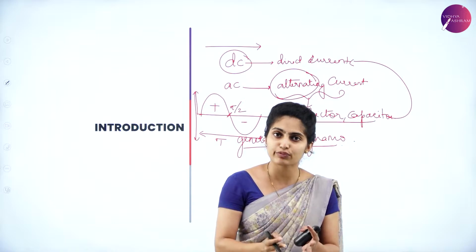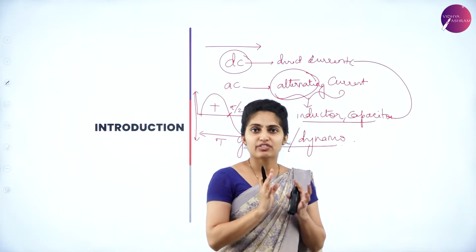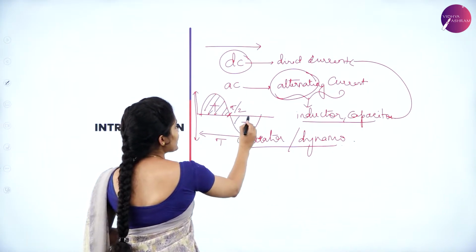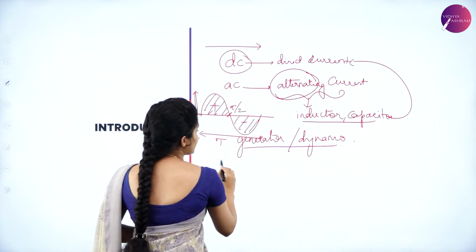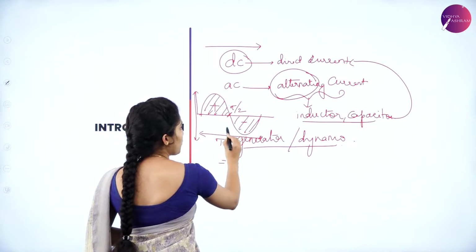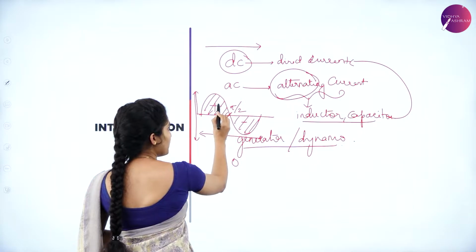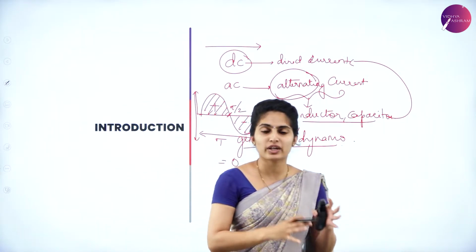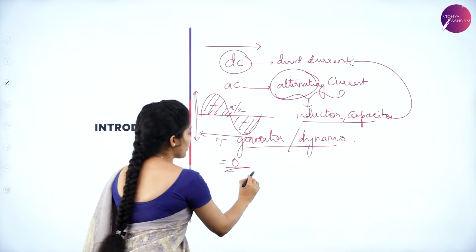The first half cycle is different and the next half cycle is different. So when the first half cycle is positive and the next negative, the total over the cycle is 0, because positive and negative values of the same magnitude cancel each other, which gives you 0.